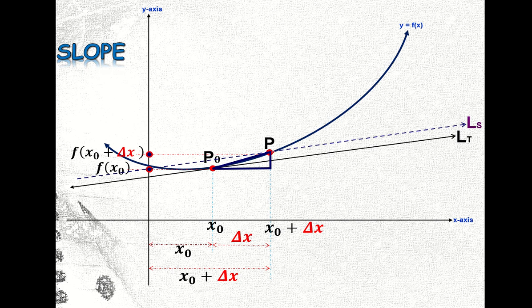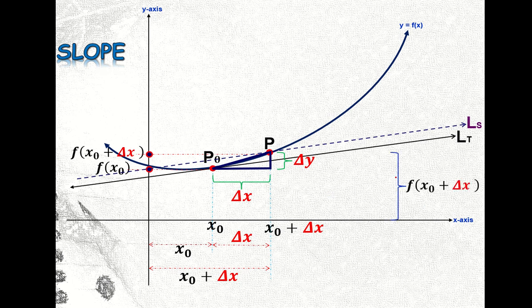But for the sake of our discussion, so that it can be seen clearly, I use this bigger triangle, and we have this as our delta y. Delta y is the difference of the height of the functions, and then we have here delta x. Okay, so from the definition, slope is equal to the rise over run. It means that our rise here is delta y, our run is delta x. Okay, so that's a slope.